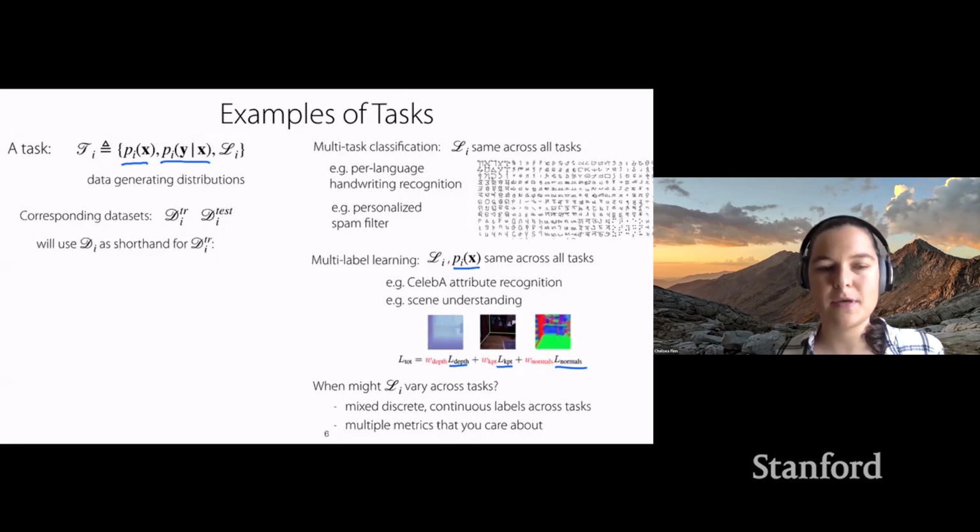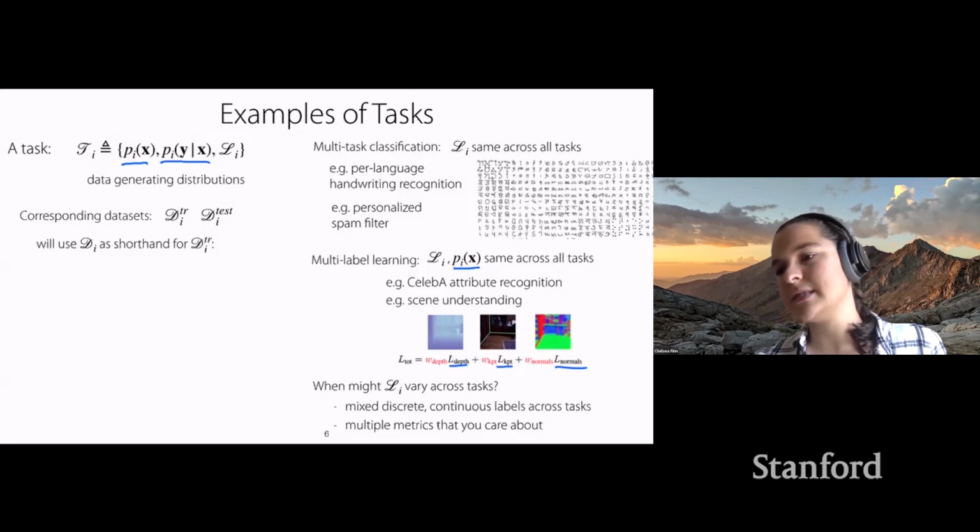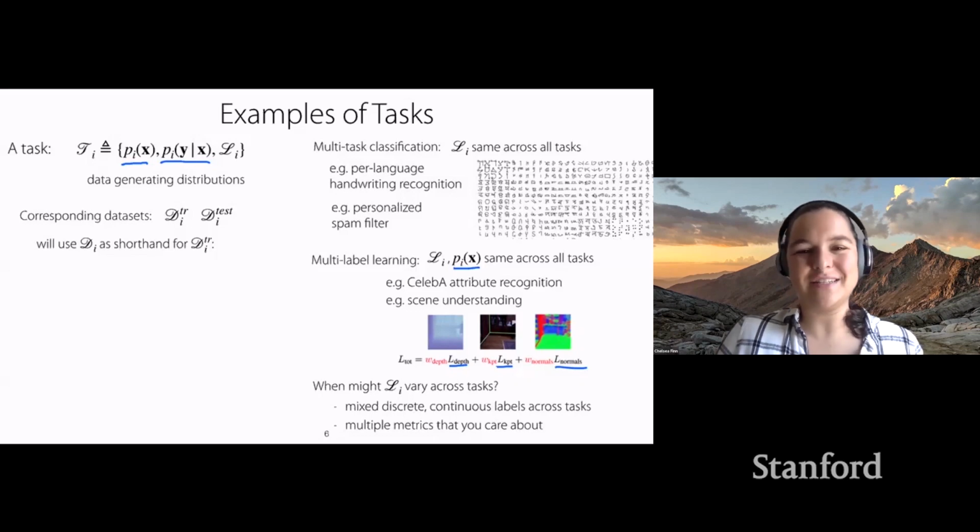So P i of X is essentially the distribution over inputs, and P i of Y given X is the distribution of labels given inputs. In the example of Japanese characters, you typically have some data of handwritten Japanese characters, and P of X will be essentially the distribution that generates that data. Oh, okay.